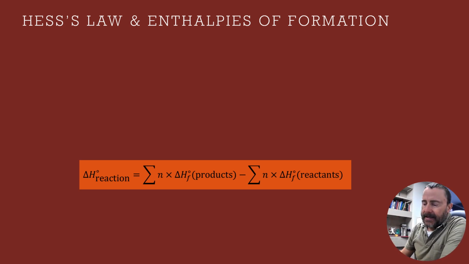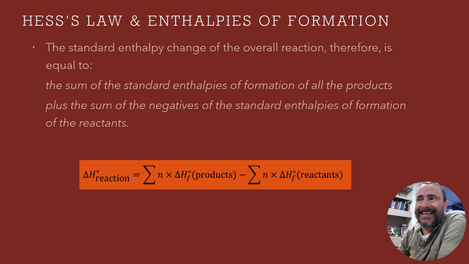In order for us to calculate the enthalpy changes, we're going to use the enthalpies of formation. To do this, we're going to be calculating the standard enthalpy change for the individual formations, and we're going to do the sums.